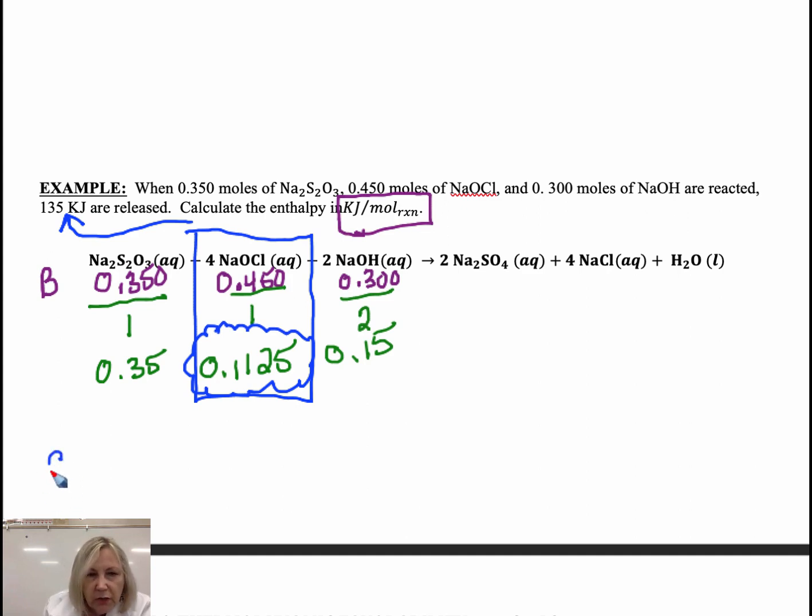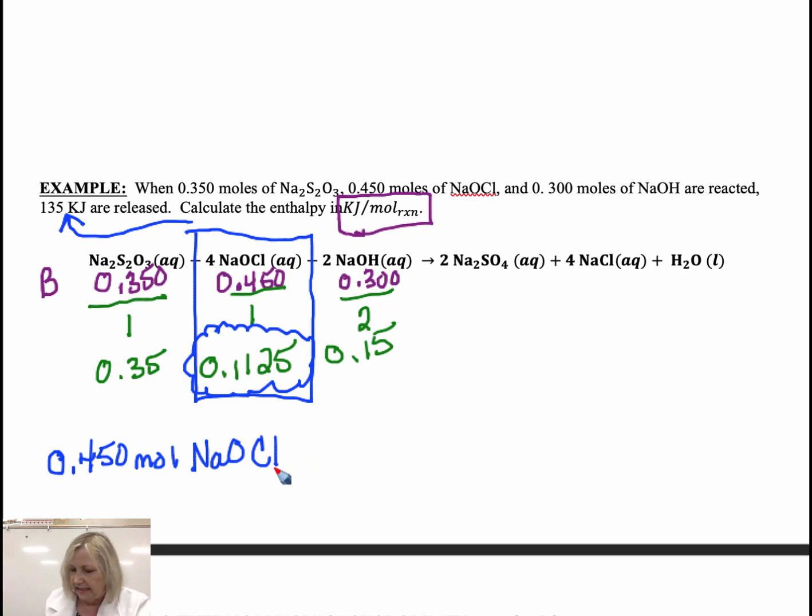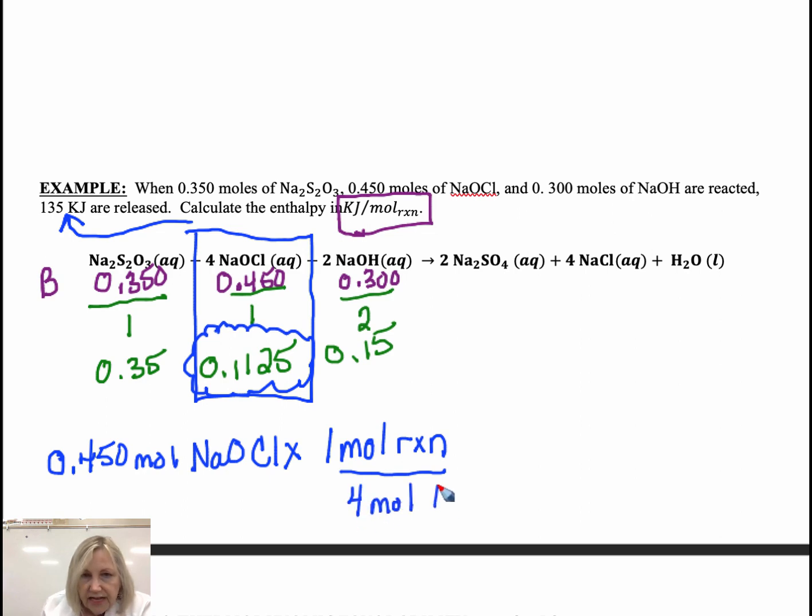So I'm going to start with my limiting reactant. I've got 0.450 moles of NaOCl, times 1 mole of reaction for every 4 moles of NaOCl.